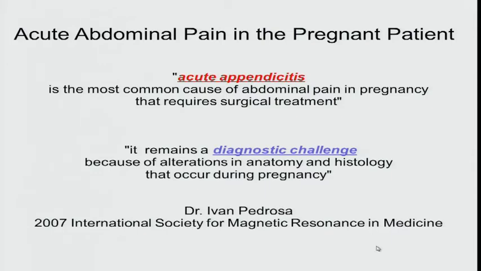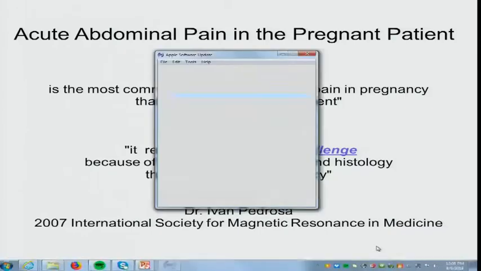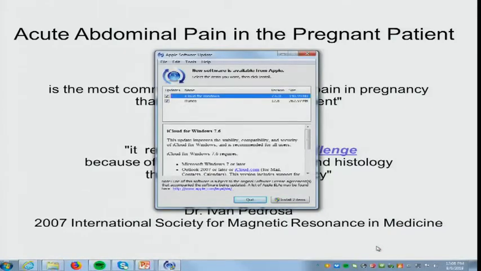What that meant is the evaluation of appendicitis was confusing enough in a non-pregnant patient that if you took 20% of the patients to the OR and had a negative appendix, you were still considered to be doing a good job as a general surgeon. With CT, it's much lower because we can give them better information. But that's just to illustrate the point that this is not an easy diagnosis to make, and it's confounded in the pregnant patient.